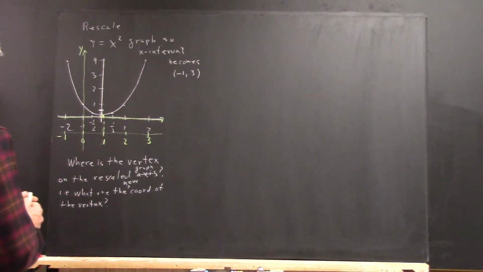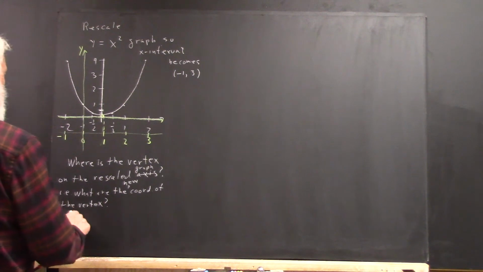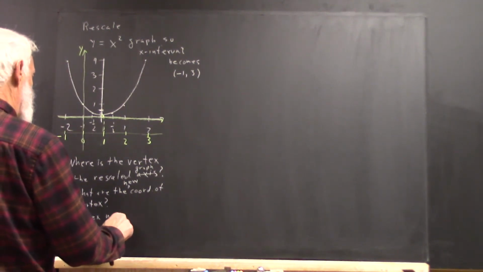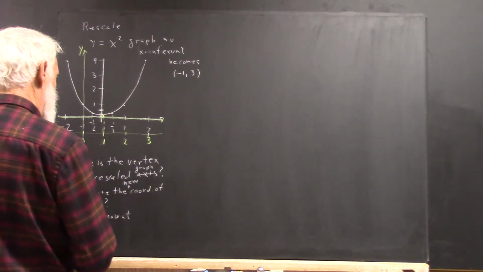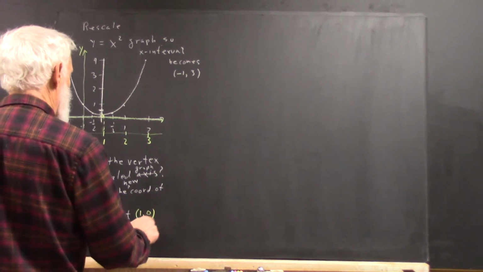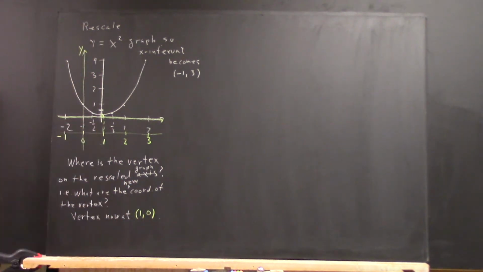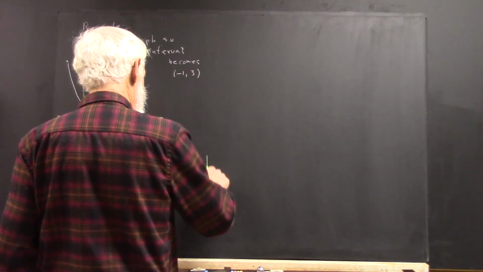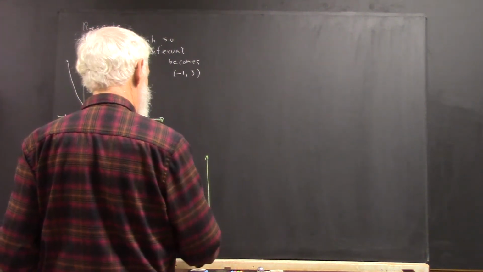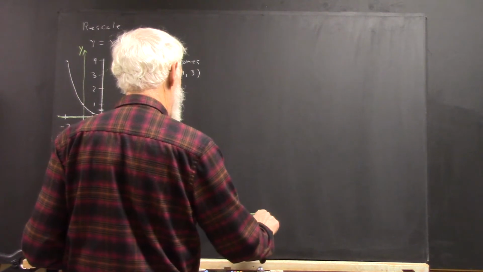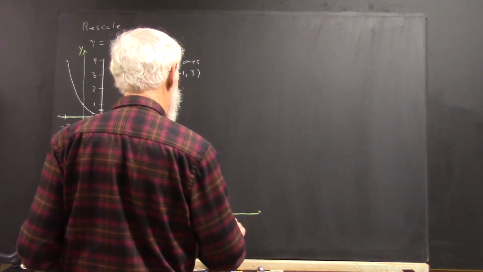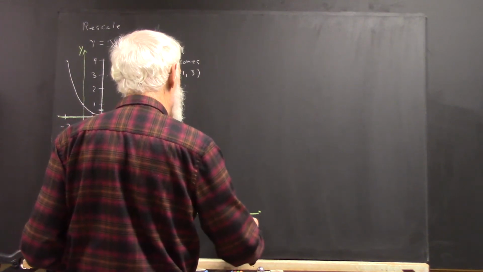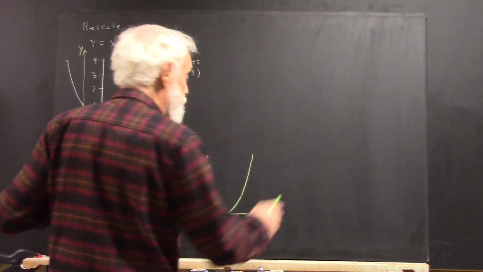So, do that in green to show that's on the green set of axes. So on the green set of axes, your graph looks something like this, doesn't it?